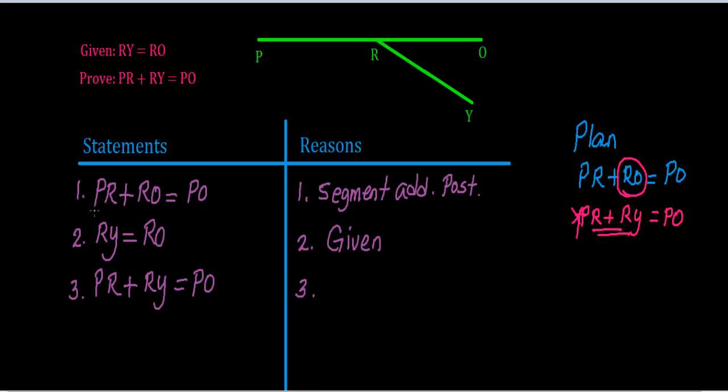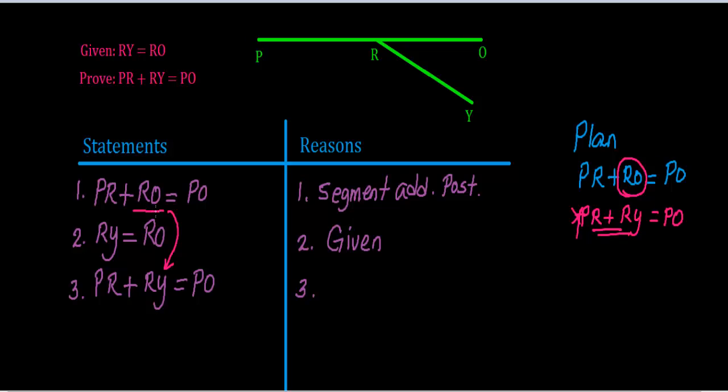This is what I did. Let me change colors. I took that first statement and I noticed that this RO here, I can replace with RY. Why can I do that? Because the given statement tells me that RY is equal to RO, so I can replace RO with RY because they're equivalent. And that's what I did. Now, when I state PR plus RY equals PO, what is a valid reason?